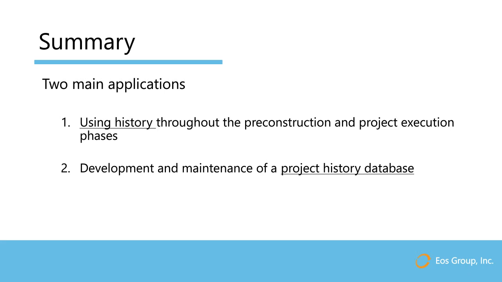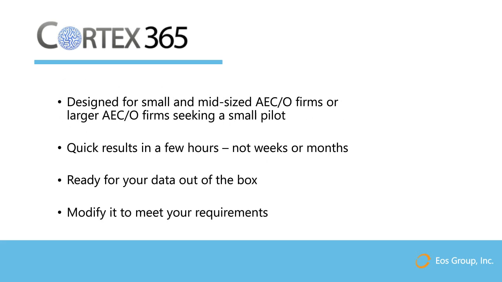So that brings us to Cortex 365, building on the vision and success of its predecessor, our flagship product, which is simply called Cortex Project History. Cortex 365 is designed for the small and mid-sized AEC market. It can also be used for teams within larger organizations, perhaps as a proof of concept or as a tool internally.